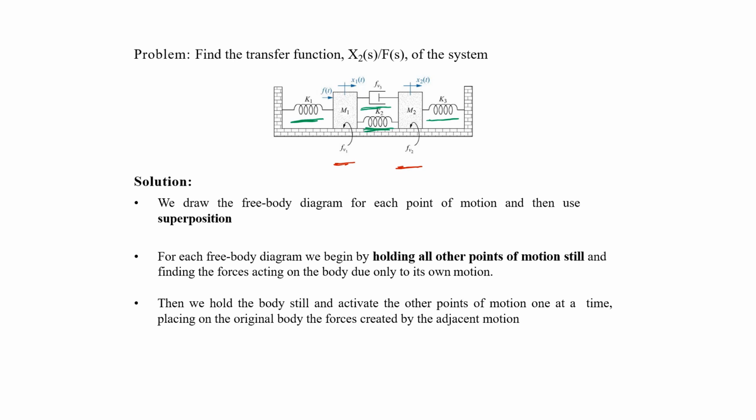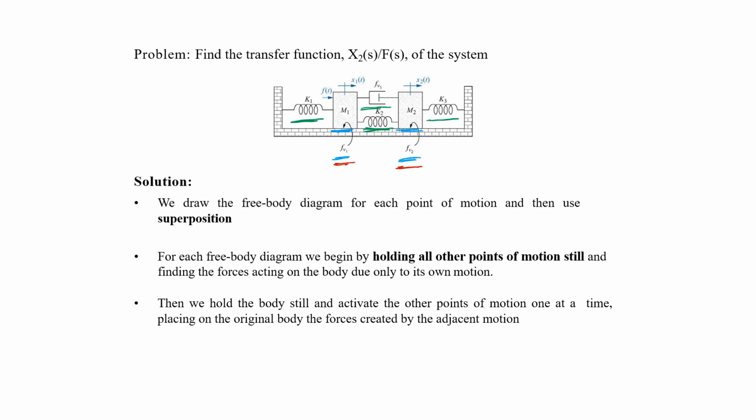Also in this example, we consider the friction between the mass and the ground. The friction between mass m1 and the ground is modeled as the viscous friction Fv1. And similarly, the friction between the ground and the mass m2 is represented by, again, the viscous friction Fv2.